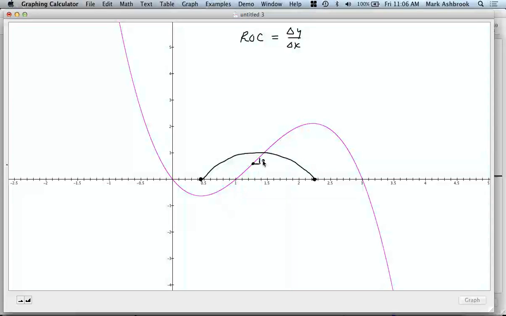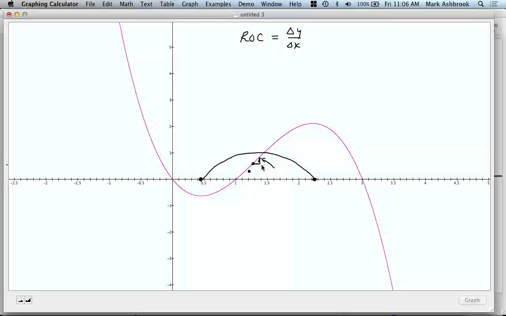Oh, the change in y is a lot bigger. How much bigger? If these lengths look about the same, but based on the scale, that change in y, yeah, it's twice as big, right? Because do you see that this x-axis scale is spread out twice as far? So an estimate for the rate of change here would be 2.